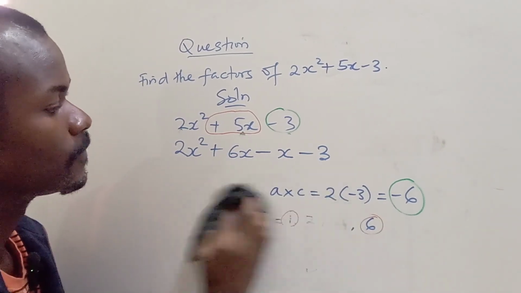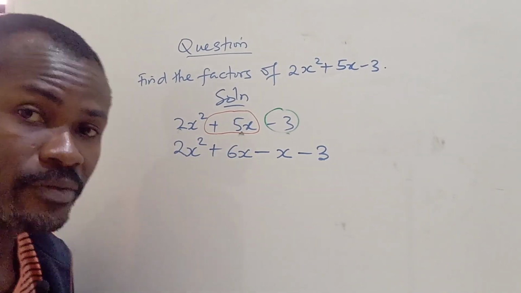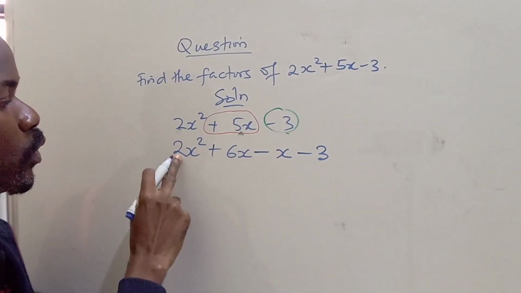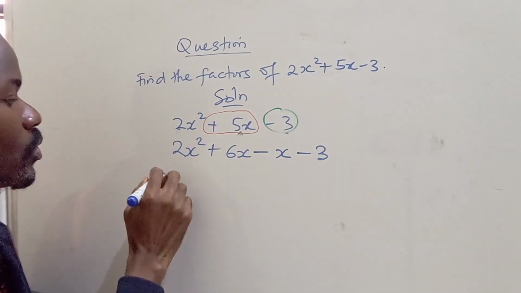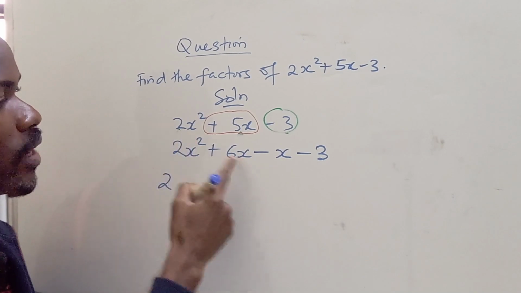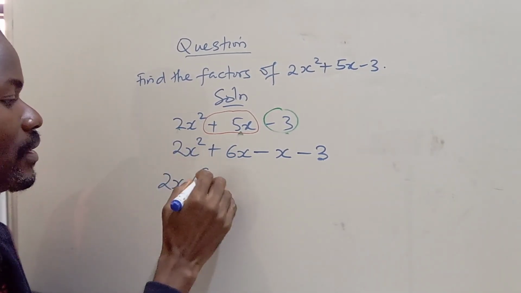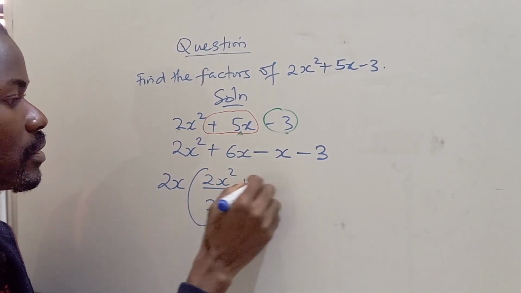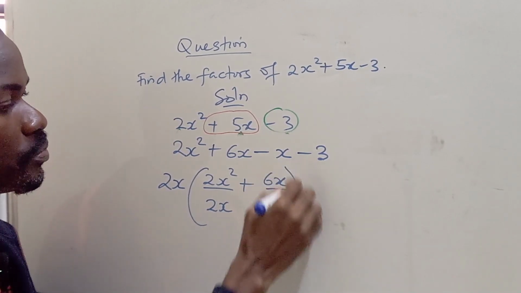Having written that down, we are now going to factorize. What is common here and here? 2 is common between the numbers 2 and 6, so 2 is going to come out. With x squared and x, x is common. So I'm going to divide 2x squared plus 6x by 2x.